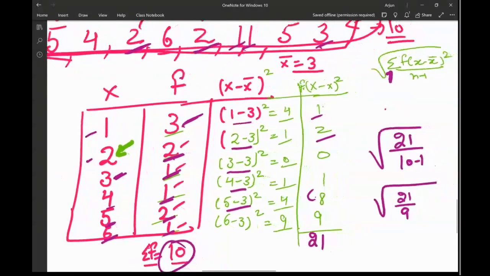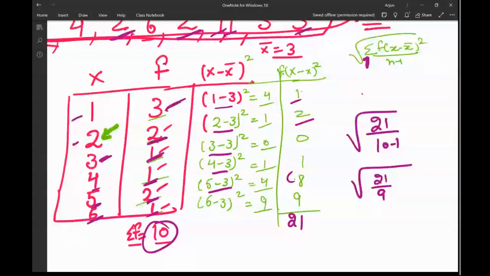So frequency times 4. Okay, I don't know from where I got this number. See, 4 times 3 is 12. And 2 times 1 is 2. Rest everything is right. 1, 0, 1, 1, 2 is 8, 9. Let's see now.